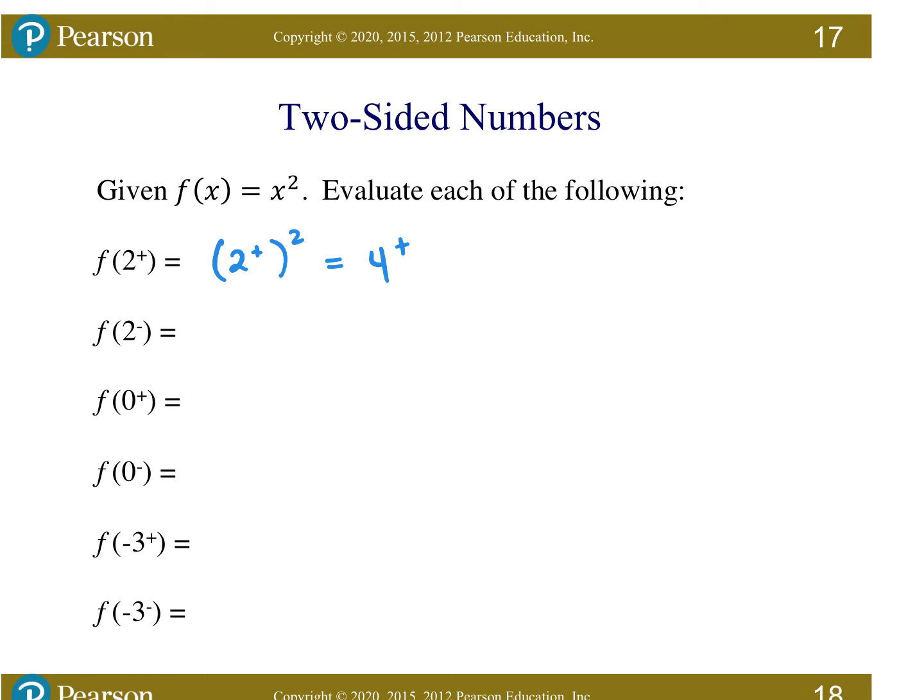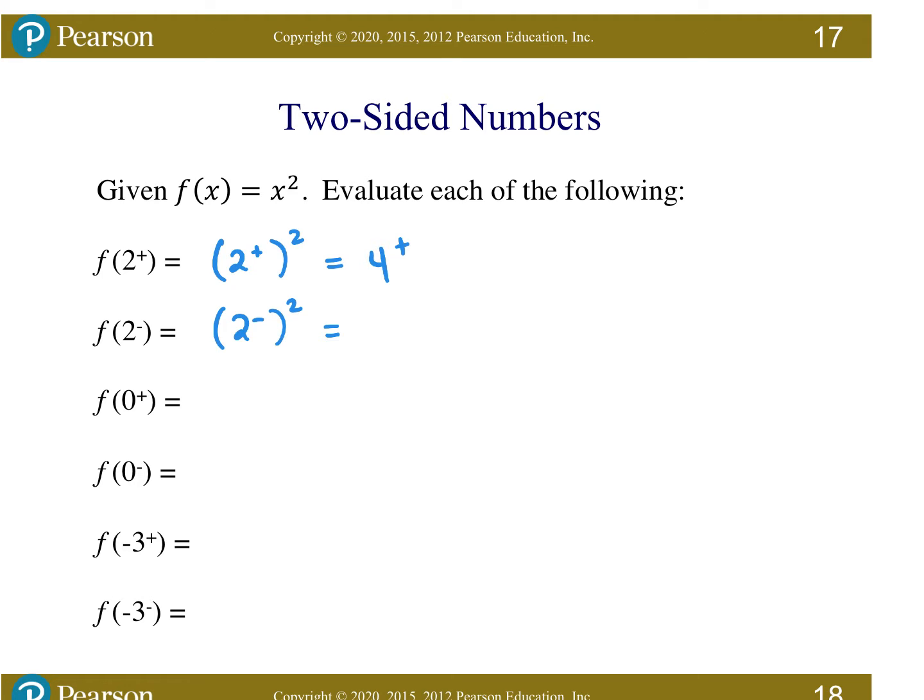Now that's sort of a logical one. It started out bigger than 2. If I multiply it by itself, it's going to be bigger than 4. What if I start out with something that's smaller than 2? Give me a number on the left side of 2, something smaller than 2. 1.99999.